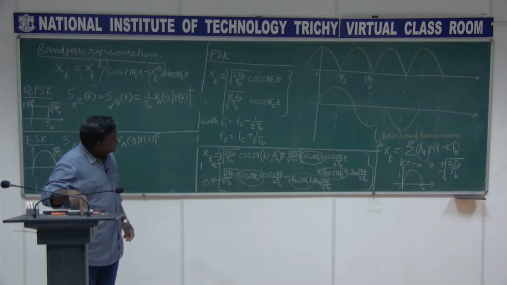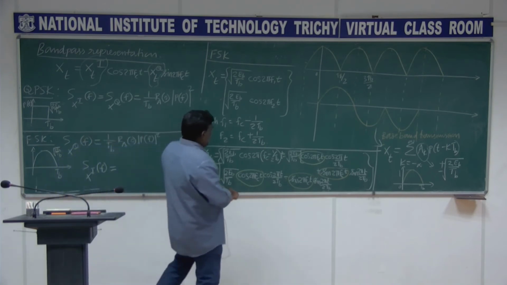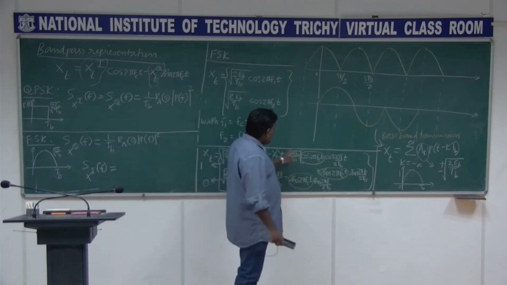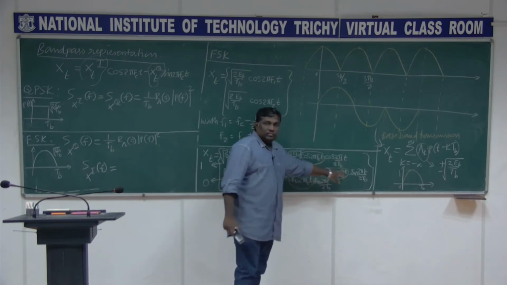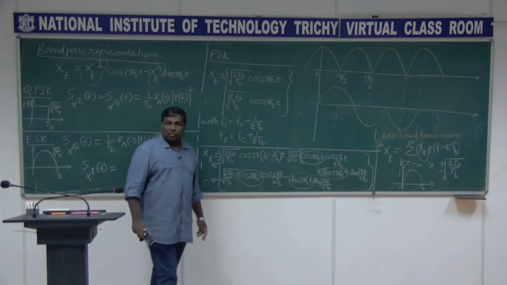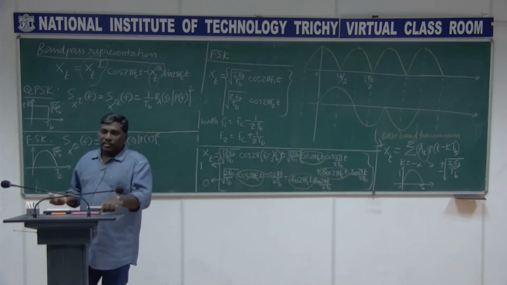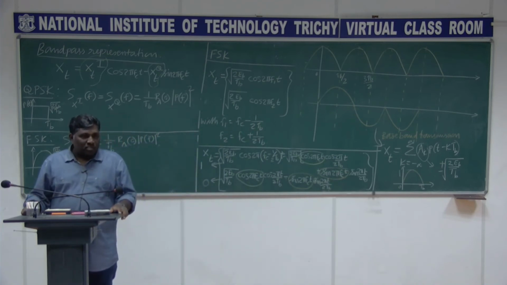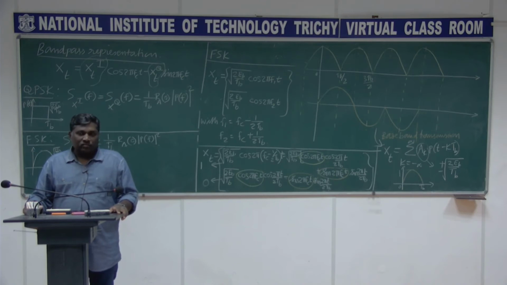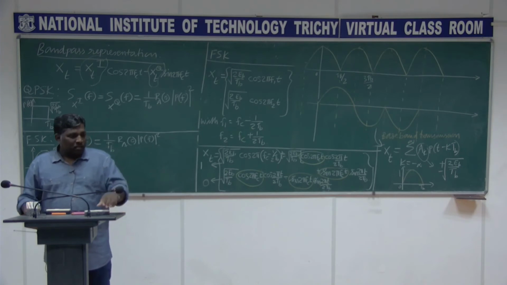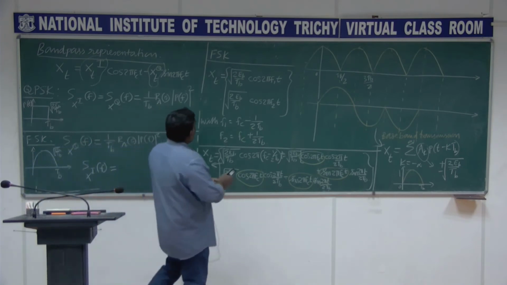But what is the XTI expression? We will start with that. We have here root 2 EB by TB cos 2 pi t by 2 TB. So you can formally take a random process, put in the delay theta, compute the autocorrelation, and take the Fourier transformation of it, and you get a spectral density for it. So let us quickly do that also.